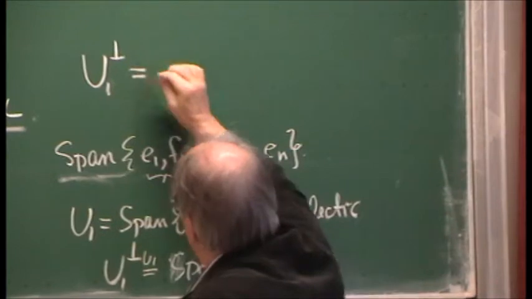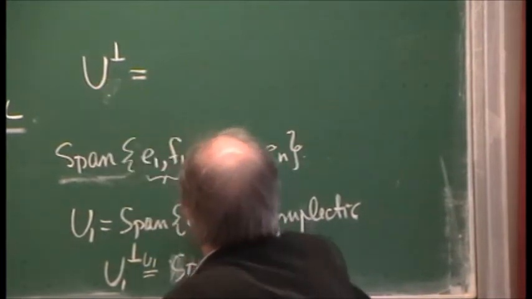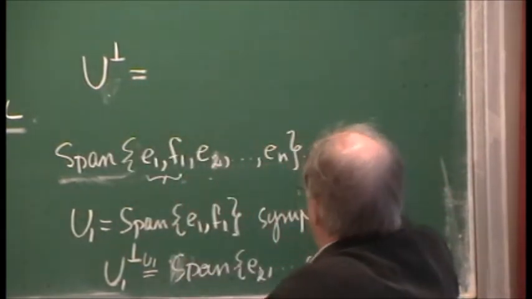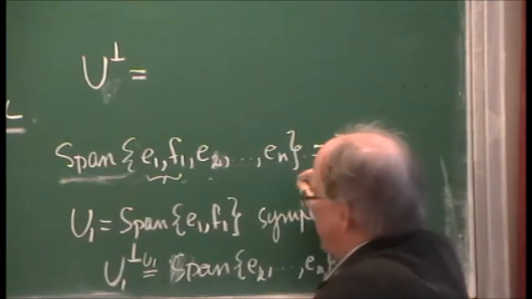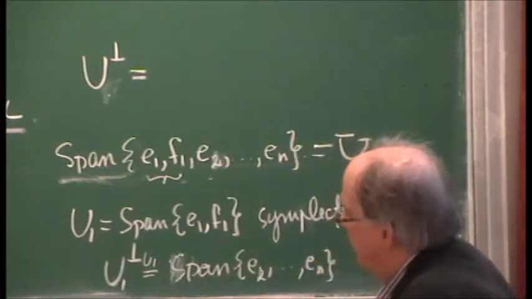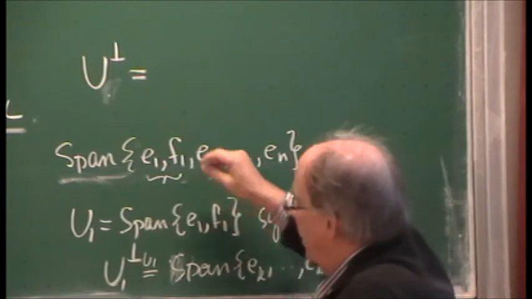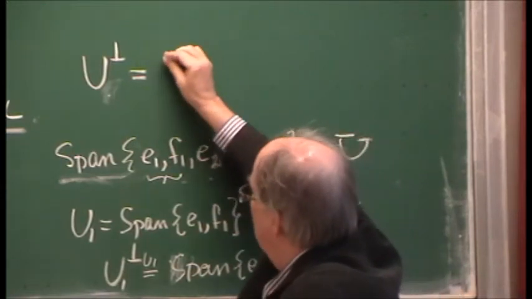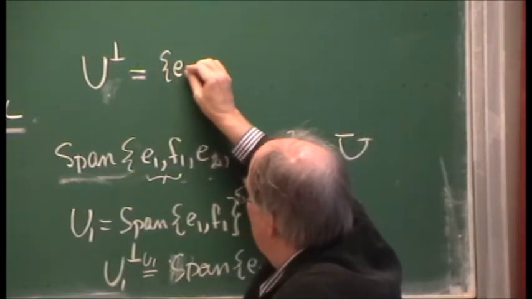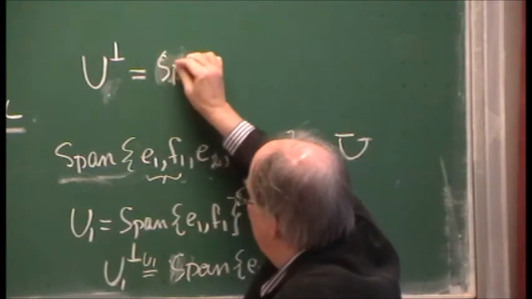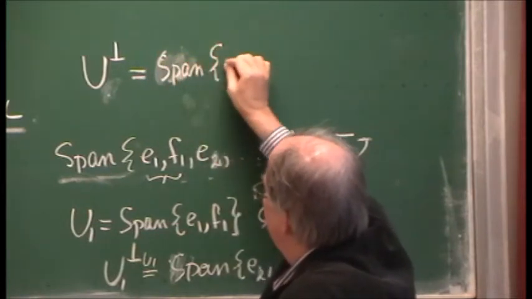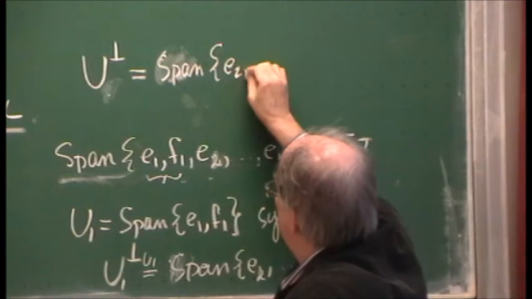Oh, in U, yes. This is U. Yeah, this is what I want. I just wanted to get experience of computing orthogonal complements. What's it going to be? I guess it's going to be F2. It's everything with 2 in it, right? No, it's F2 to Fn.